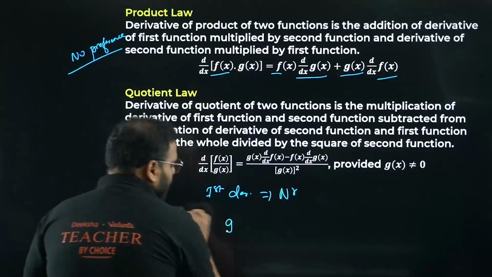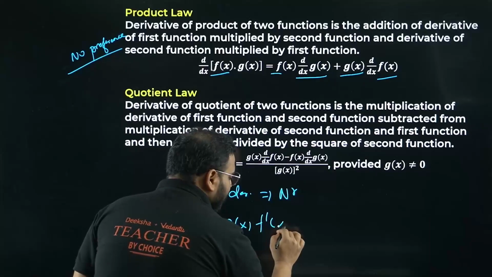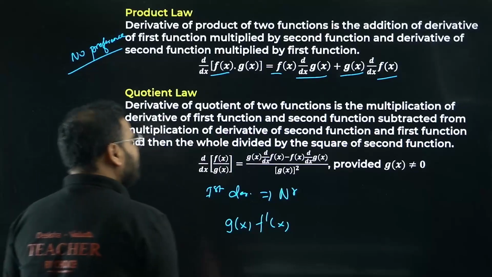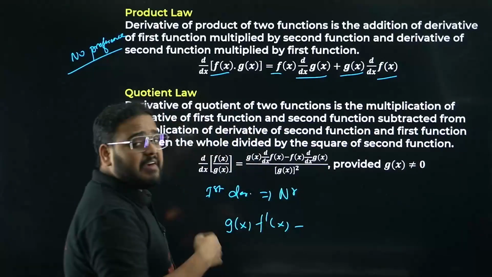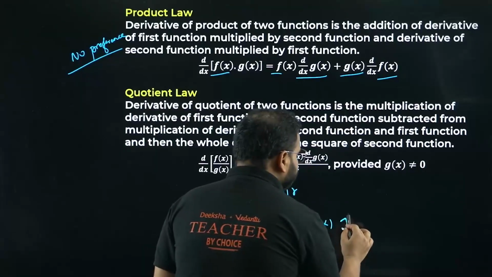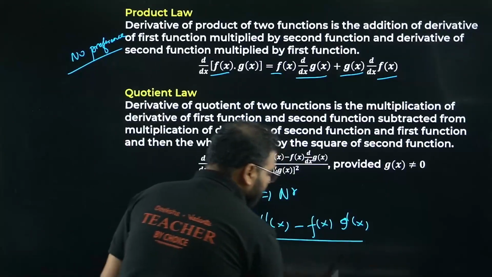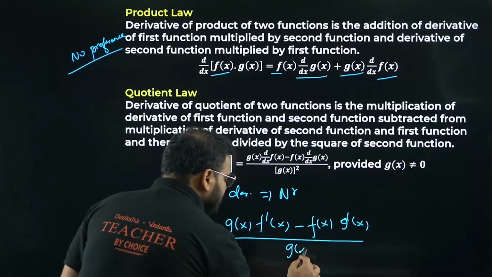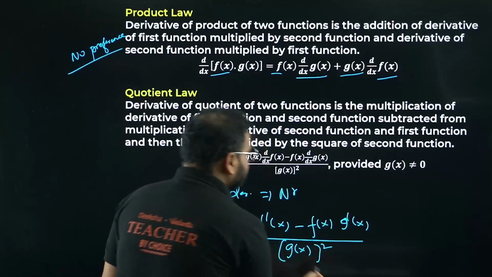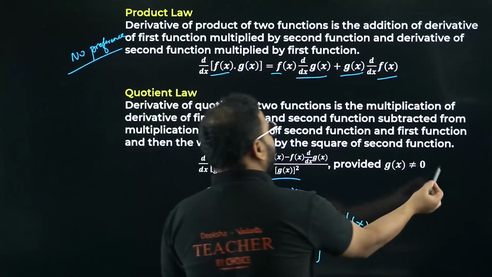So keep g(x) as it is and find derivative of the numerator, f dash of x, minus this time keep f(x) as it is, okay, and find the derivative of the denominator g(x), divided by square of the denominator, g(x) the whole square. Of course, g(x) cannot be 0, otherwise not defined, sir.